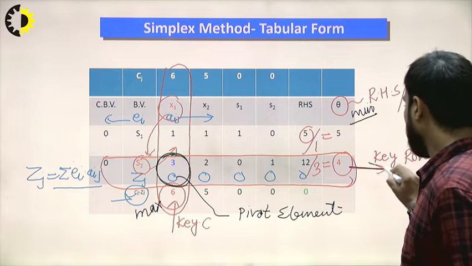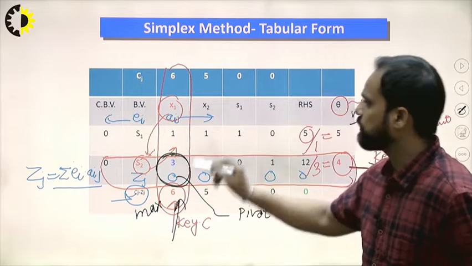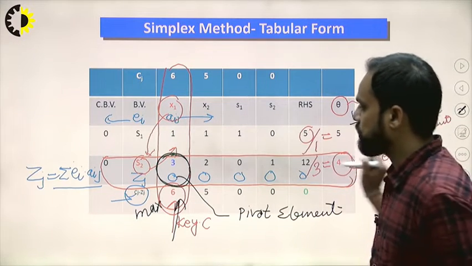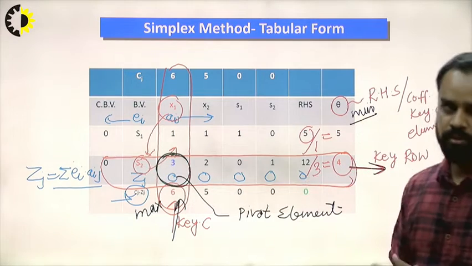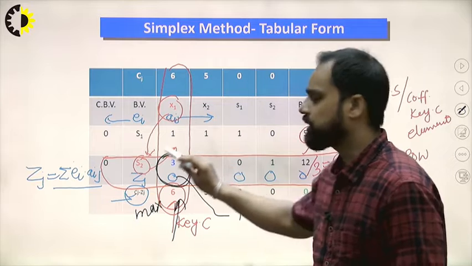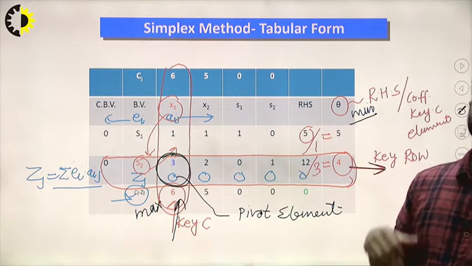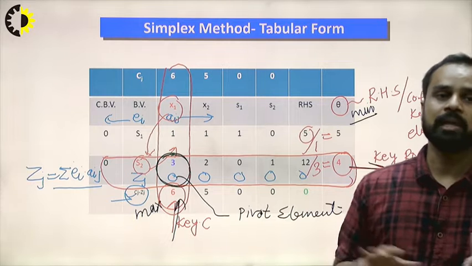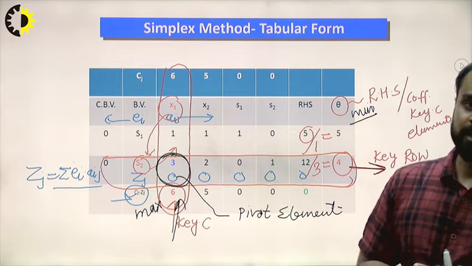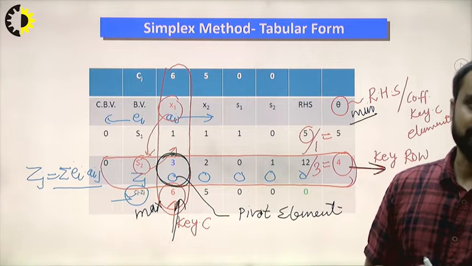I am representing the arrows in those directions because one is leaving and one is entering. Then we choose the intersection of key column and key row, and that element is the pivot element. In the next iteration, the pivot element must be 1, and the other elements in the key column must be 0 by applying the matrix operation.